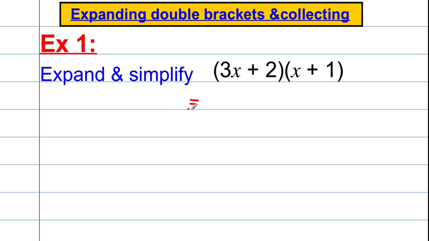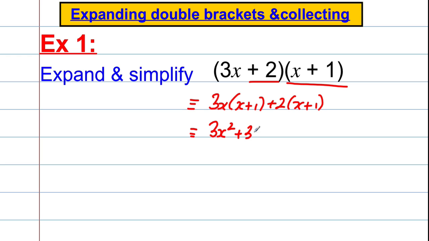So what you would do is you would break this up and you would say it's 3x multiplied by this bracket here, and then plus 2 multiplied by the second bracket again, and you would expand out, so you would have 3x squared add 3x from here, and you would have add 2x add 2.